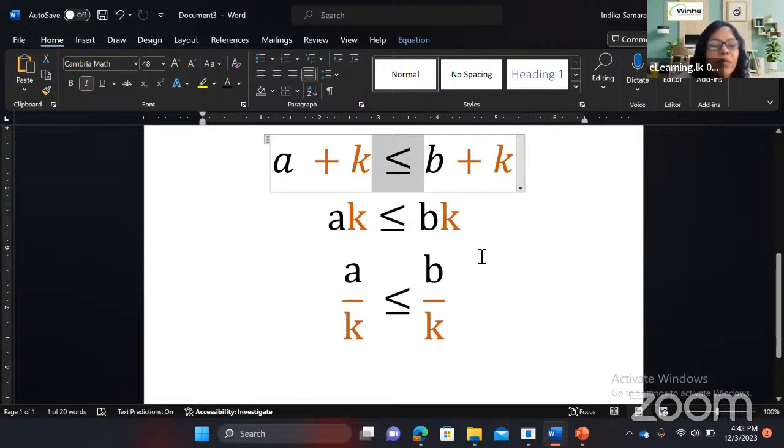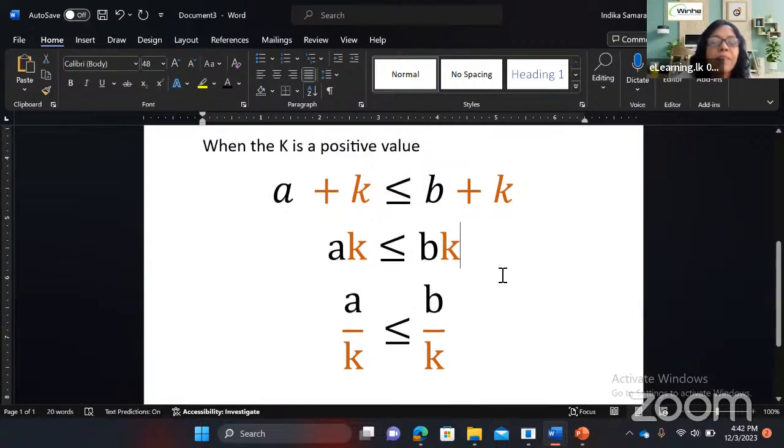Now, what you have to keep in mind here, when you have an inequality sign, if you add, multiply or divide both sides by a positive constant value, then the inequality sign will not change.